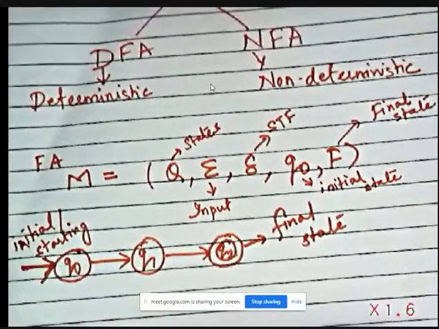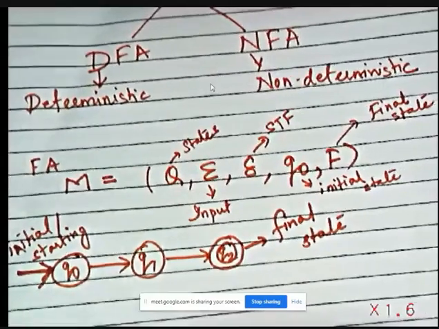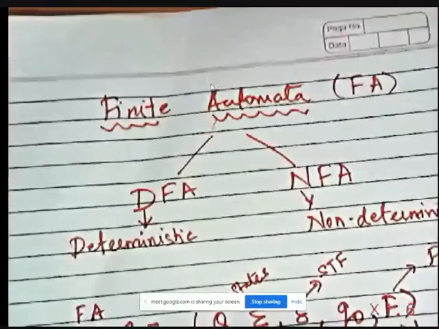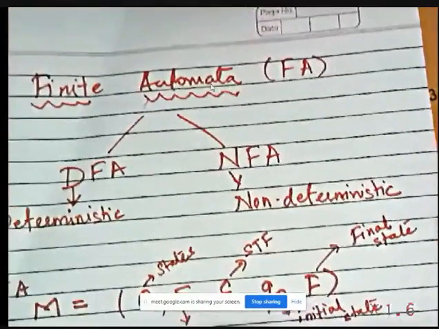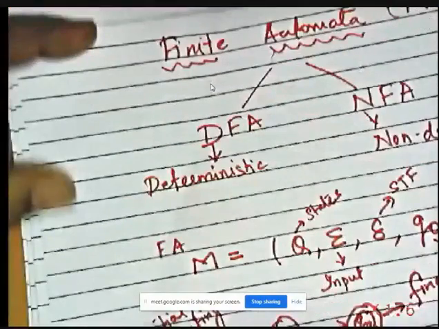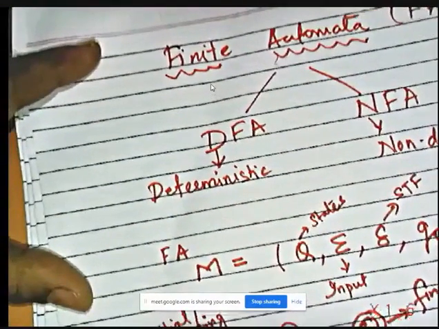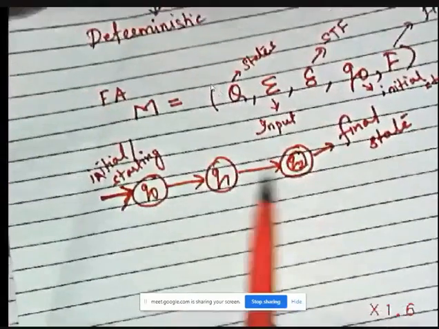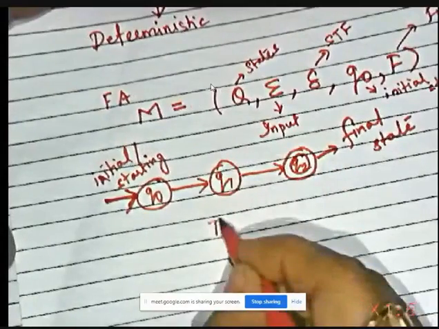Now we will discuss this finite automata in detail. When we say that finite automata are of two types, what exactly does this mean? As we have discussed for the finite state machine, the finite automata is represented by a transition graph, right?